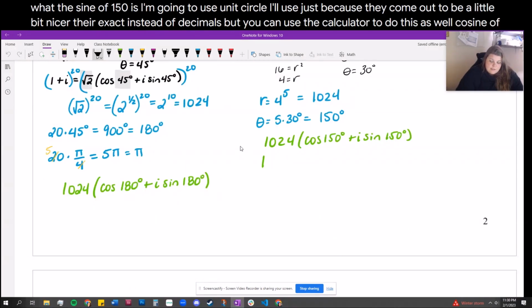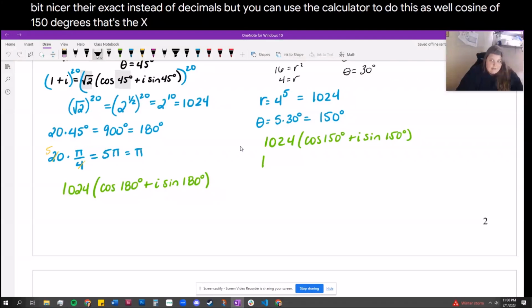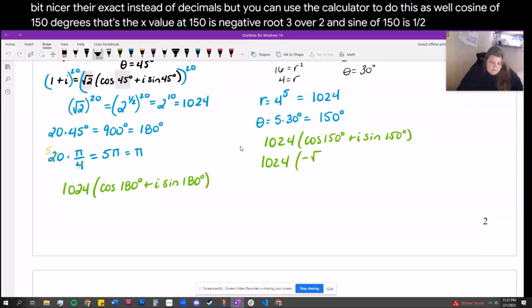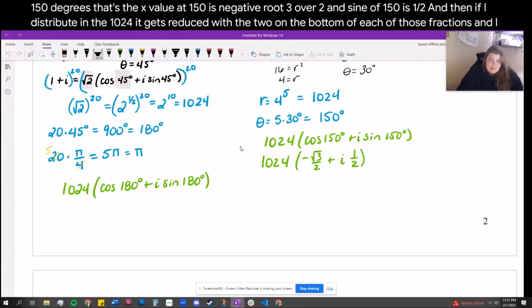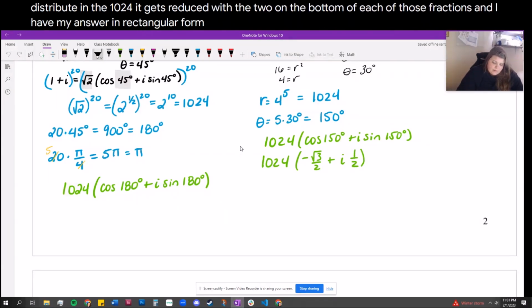Cosine of 150 degrees, that's the x value at 150, is negative root 3 over 2. And sine of 150 is 1/2. And then if I distribute in the 1024, it gets reduced with the 2 on the bottom of each of those fractions, and I have my answer in rectangular form.